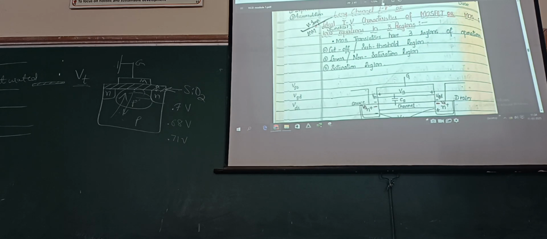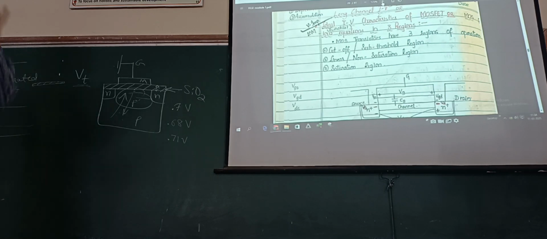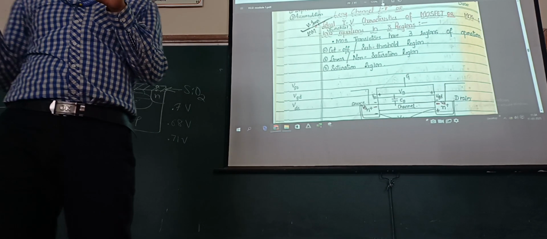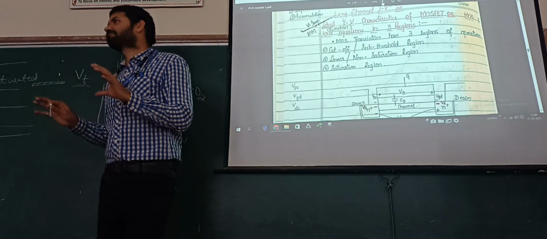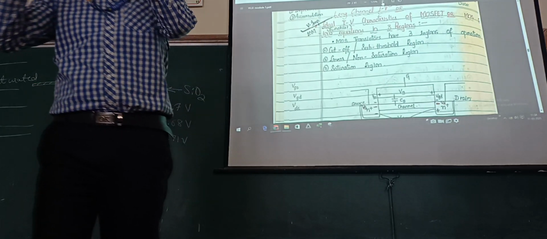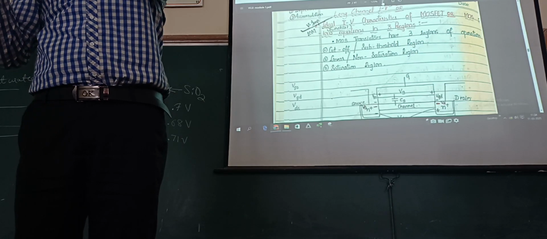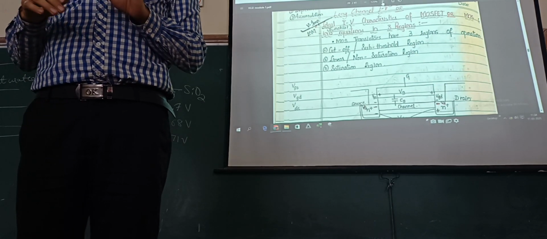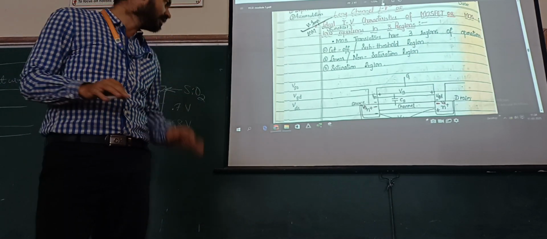So after pinch off, the current is saturated. What is pinch off? If you look into the structure, your MOSFET channel width is very thin, almost nil. That is pinch off.